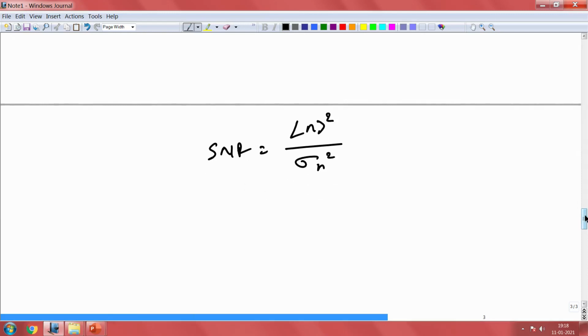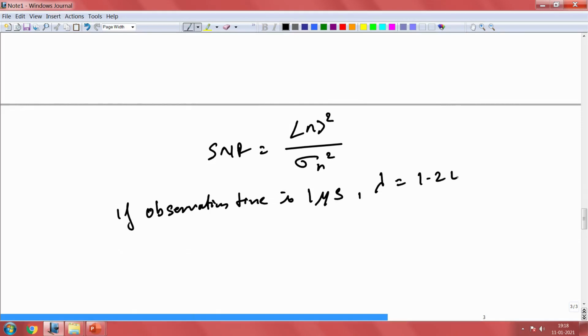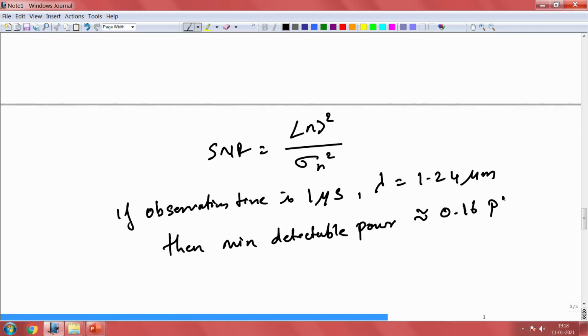Just as an example, if the observation time is, let us say, 1 microsecond, and your wavelength is 1.24 micrometer, then the minimum detectable power will be approximately 0.16 picowatts.